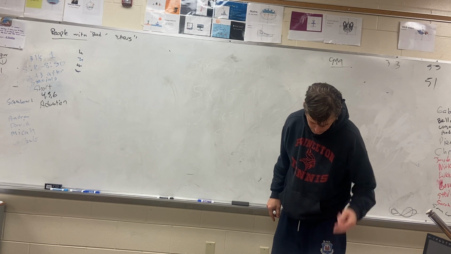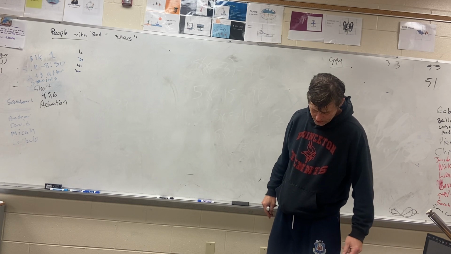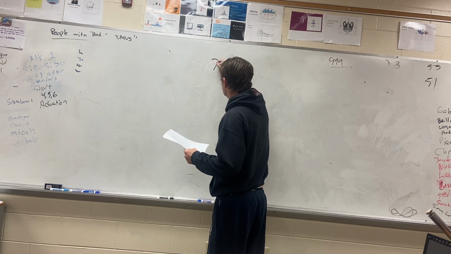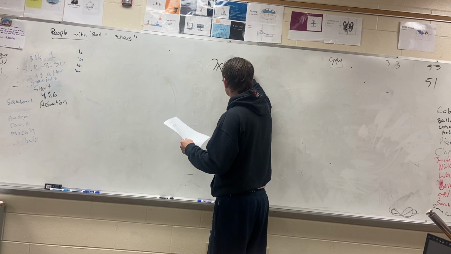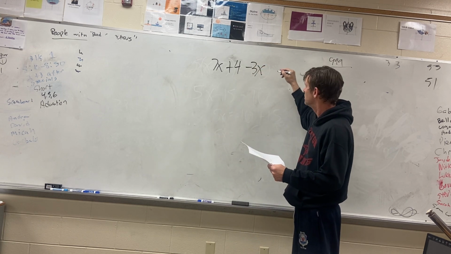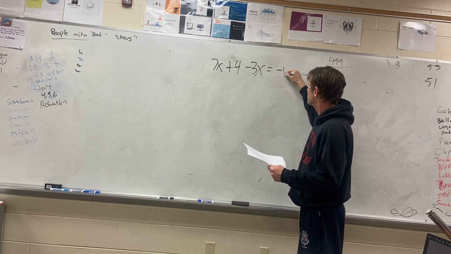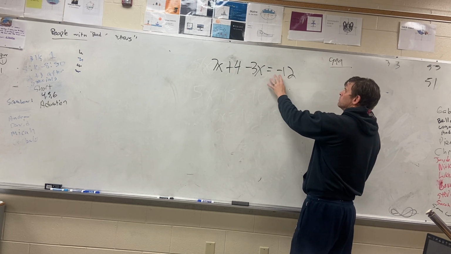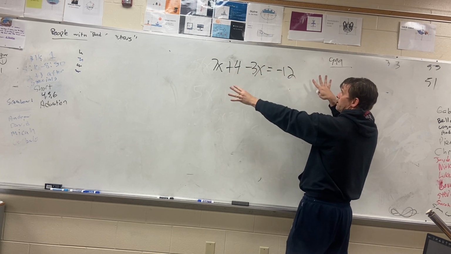Number 5. Well, let's go ahead and do number 5. All right, number 5 is 7x, because there is a common mistake that I see a lot of you guys making on this type of problem, equals negative 12. Simplify each side. See your equal sign. See the two sides.